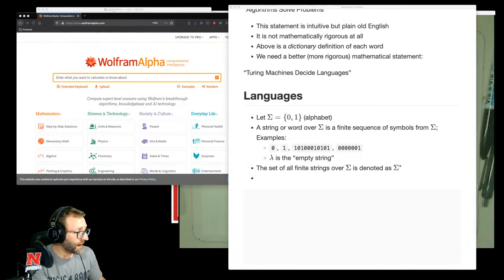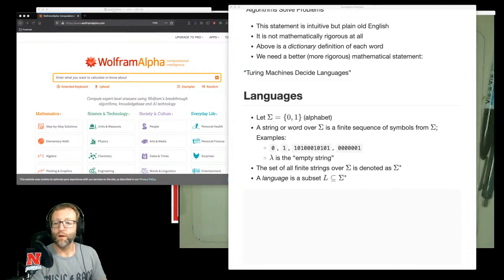So, a language. Now this is where we actually can define a language, now that we've got all that terminology. A language is a subset L of sigma star. There we go. So why is that equivalent to a problem?